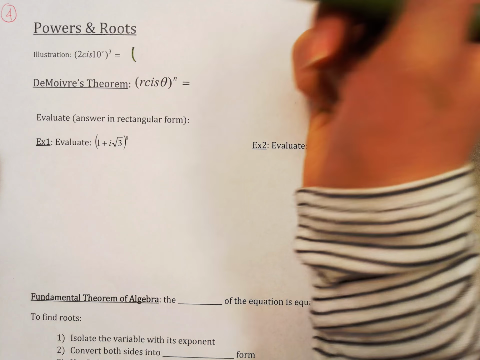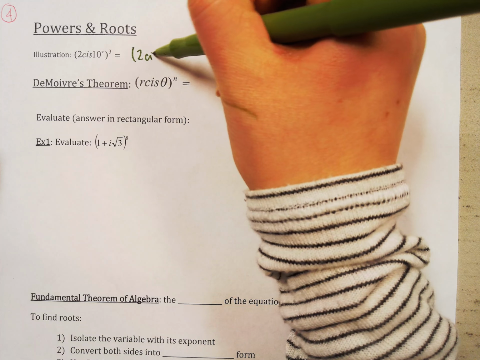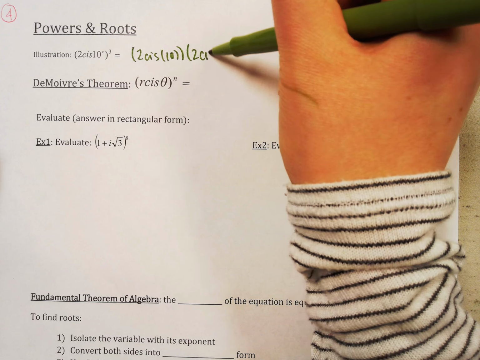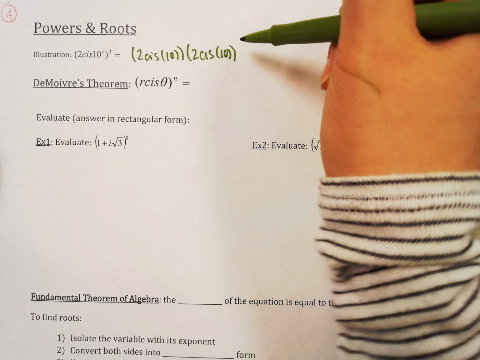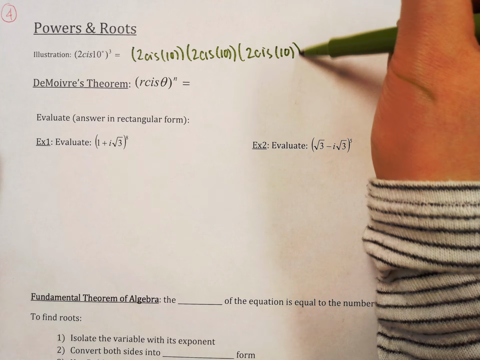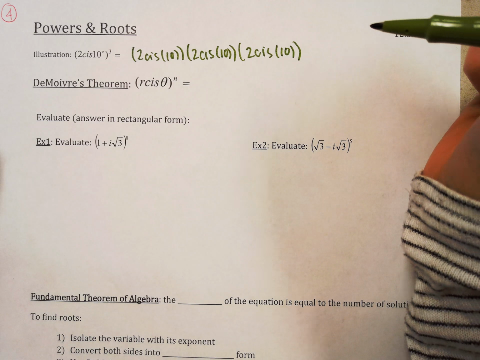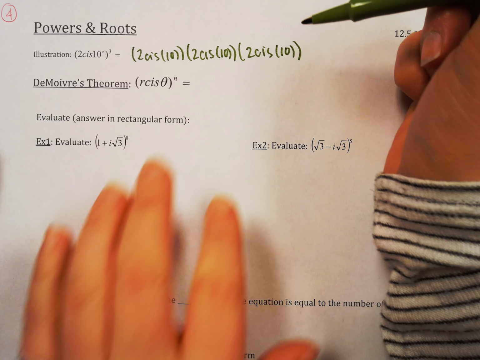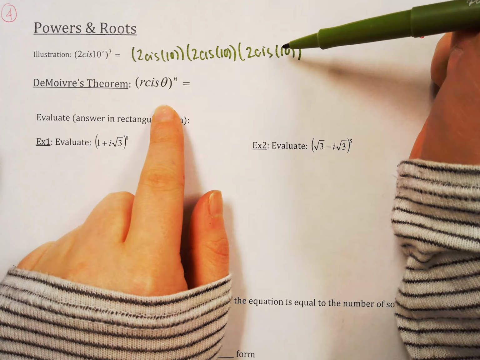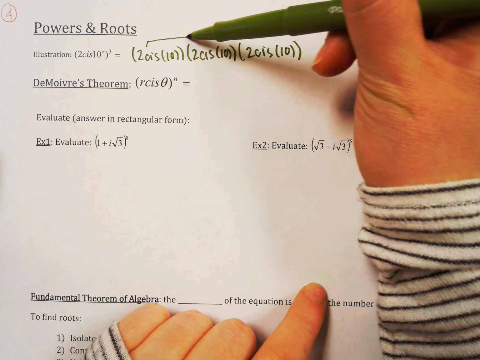And so when we cube something, that means that we're going to take that thing and multiply it by itself 3 times. And since we have a product of 3 different things, we can treat this as some product multiplied by some other polar number.